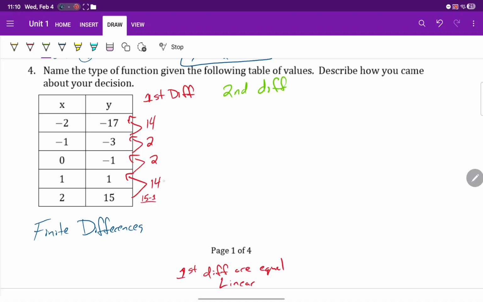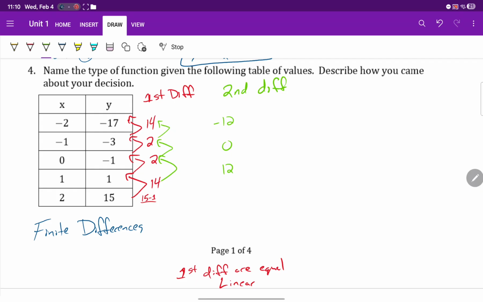In this case, I'm just going to do the exact same thing. I'm going to do 14 minus 2. 14 minus 2 is 12. 2 minus 2 is 0. And 2 minus 14 is -12.